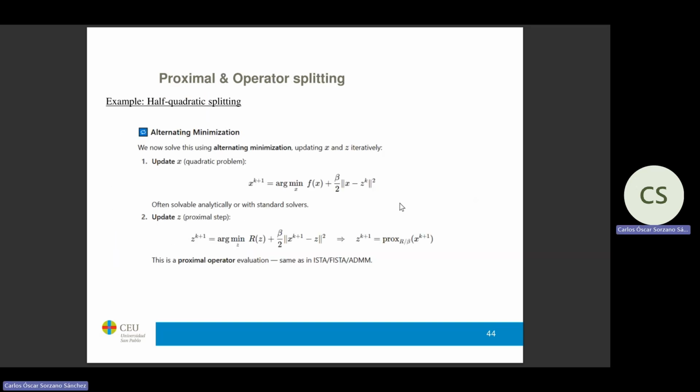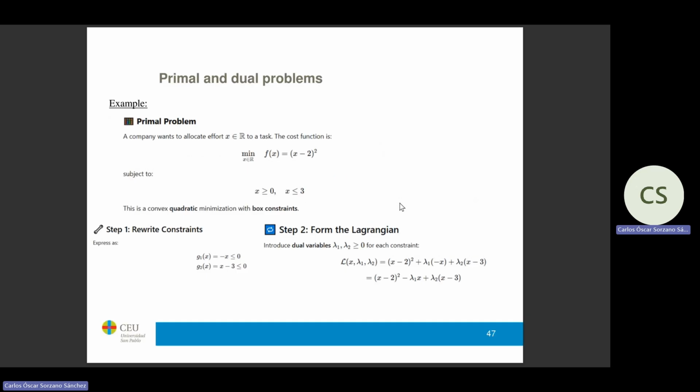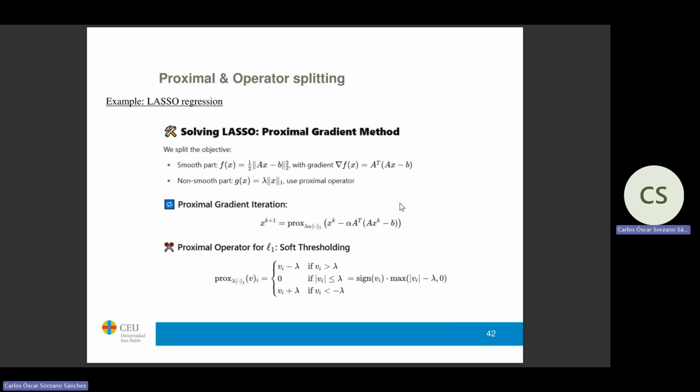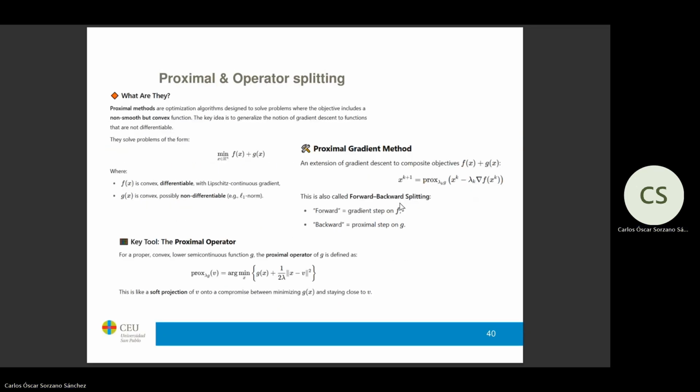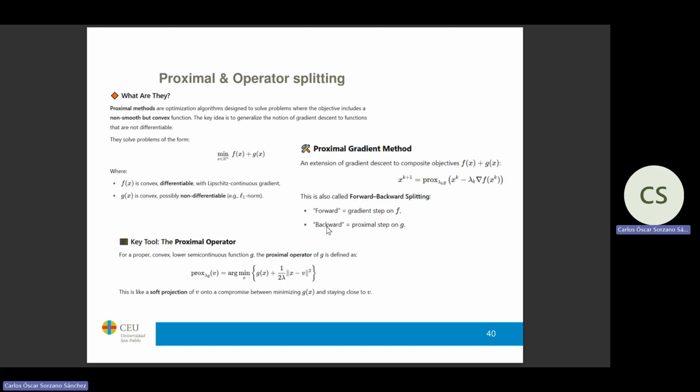Any question? How do you know which is the proximal operator? We will present it now. Did we do it yesterday? Yeah, so the proximal operator, so let's say that you have a function g.